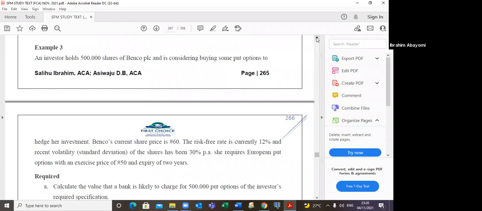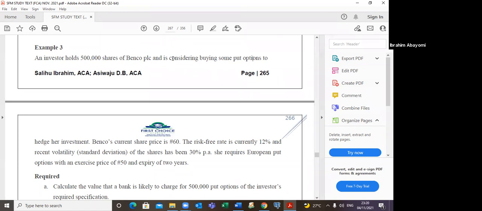Now, the first thing is, what option are you dealing with? Call option. The question has told you point blankly, look at it: considering buying some put option.